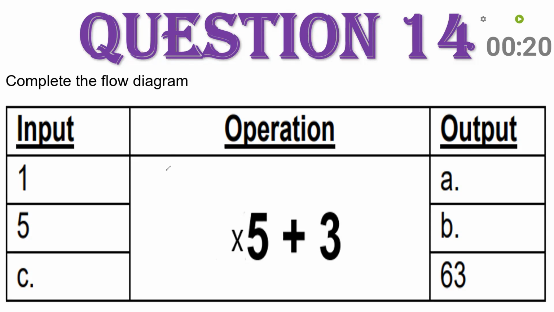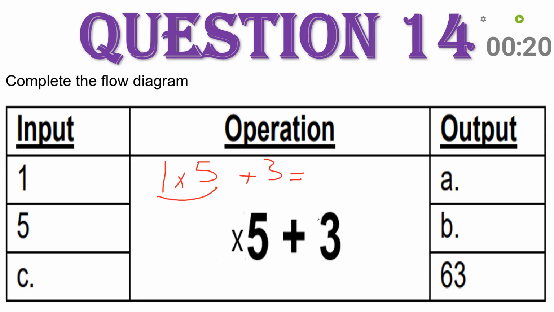So 1 times 5 and plus 3. 1 times 5 equals 5, but you do remember multiplication or division first and then adding. Please don't do that mistake. 5 plus 3 is 8. 8 times 1 is 8. So don't do that, please.